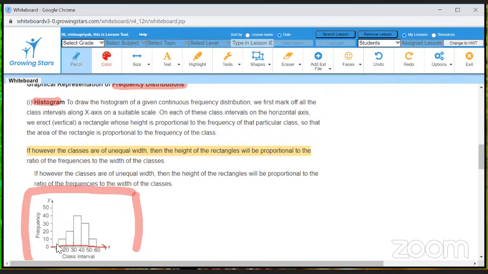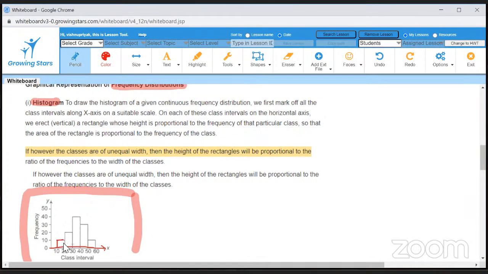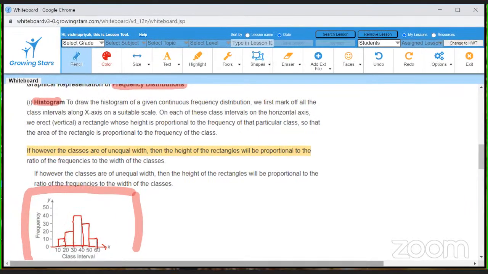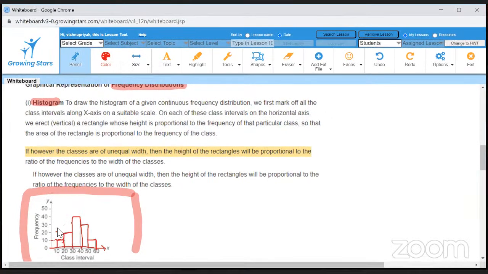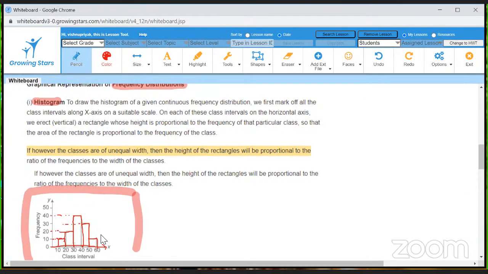Now, we have to draw rectangles standing on x-axis and joining to each other. Each rectangle is joined to the other. The height of the rectangle will give you frequency of that class.